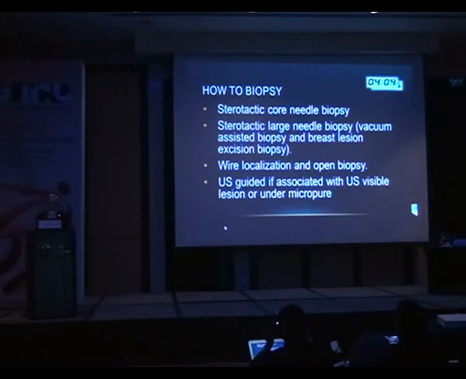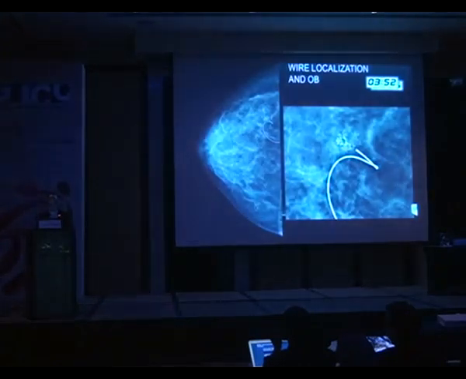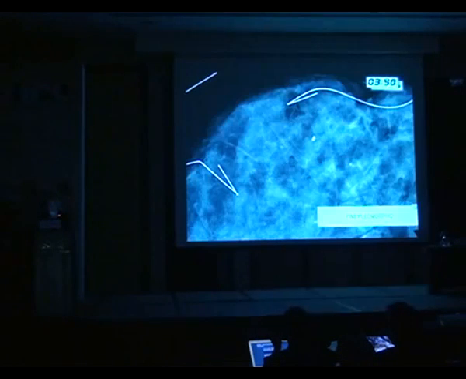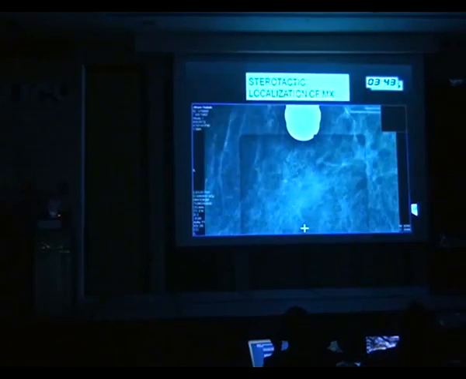And we biopsy, as you all know, by core needle biopsy, vacuum-assisted, wire localization, and ultrasound-guided if the microcalcification is seen in ultrasound. This is an example of biopsy, wire localization. We will cover it tomorrow, inshallah. This is an example of breast lesion excision of microcalcification.